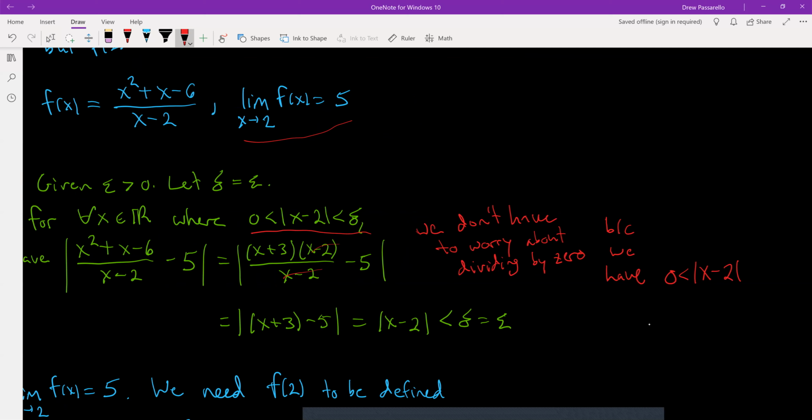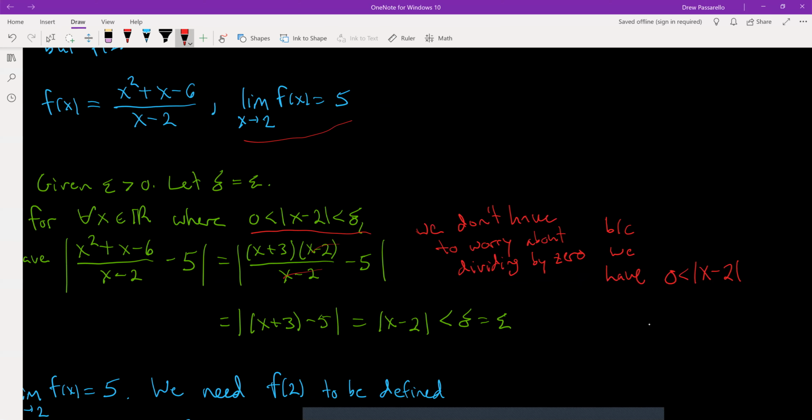Okay, so since we are not dividing by 0, we can cancel out the x minus 2's. That gives us x plus 3. So then we have the absolute value of x plus 3 minus 5. Well, that actually equals the absolute value of x minus 2.